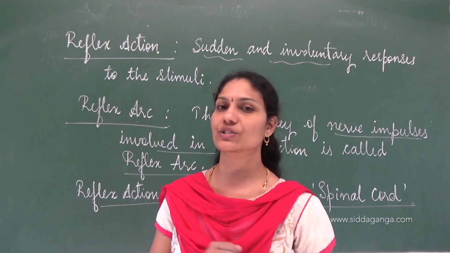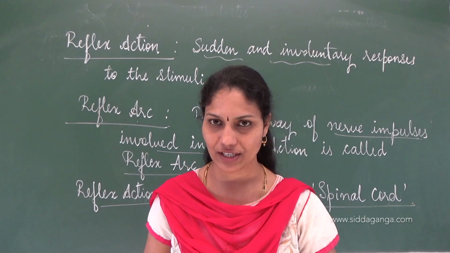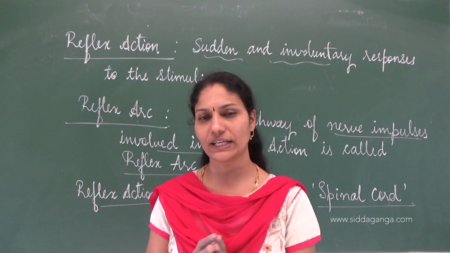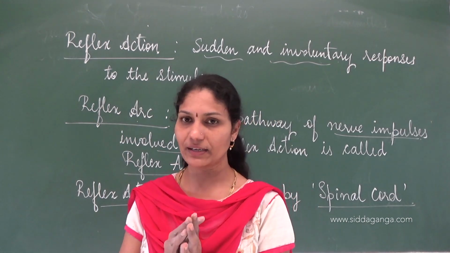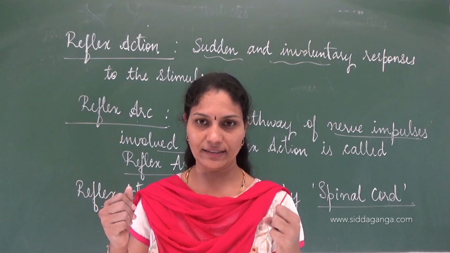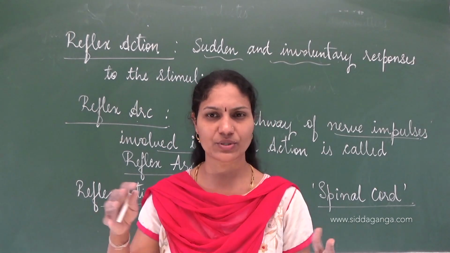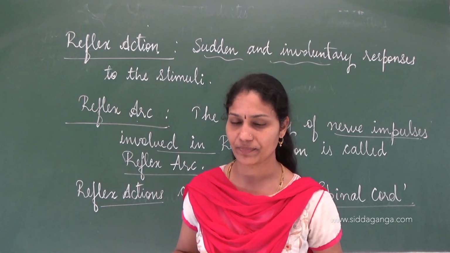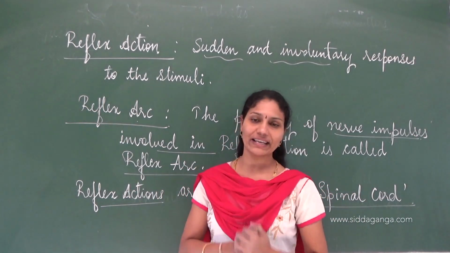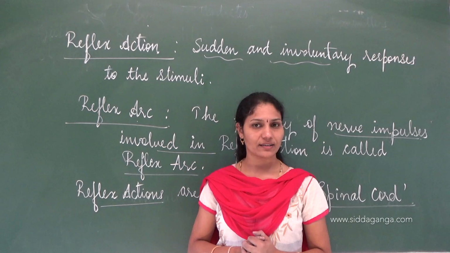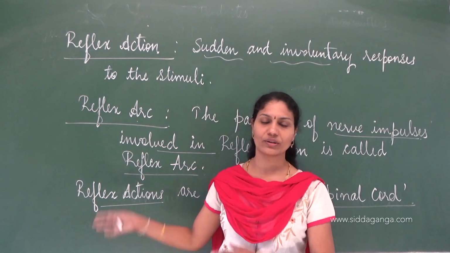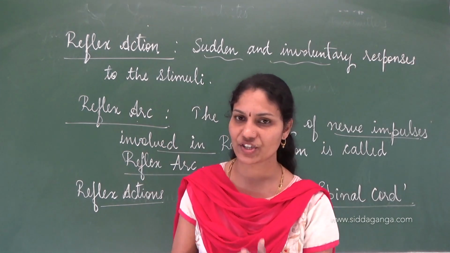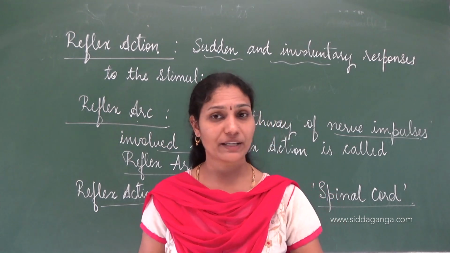And exactly this is what is happening in reflex action. The spinal cord is that important part of our body which has so many types of nerves and bundles running and interconnected. That's why all these reflex actions are managed and controlled by the spinal cord.